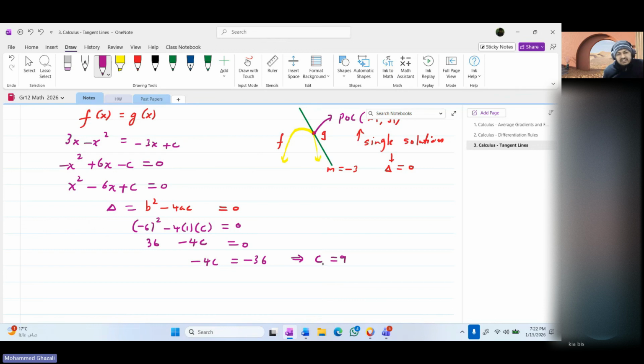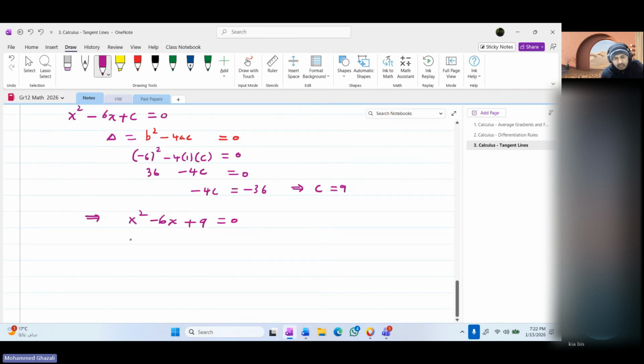Now we have a value of c, which is 9. We can put it in here and solve. So we get x squared minus 6x plus 9 is equal to 0. Solve this equation: x minus 3 all squared is equal to 0, x minus 3 into x minus 3. So x is equal to 3. Since x is equal to 3, what's the y value?